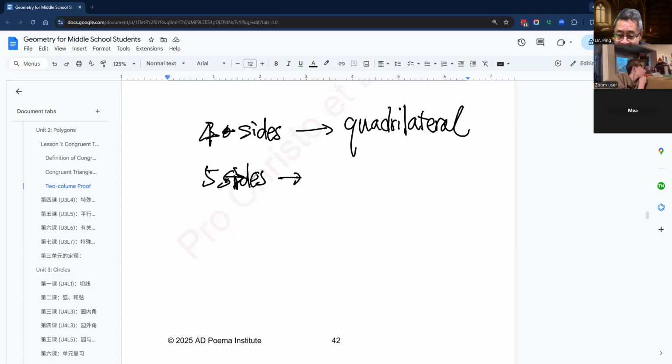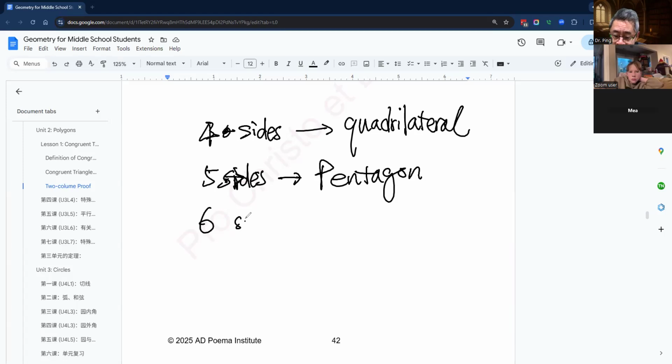You can just type in, what do we call them? And we know there's a famous place for that. Yeah, very good. So five sides is pentagon.